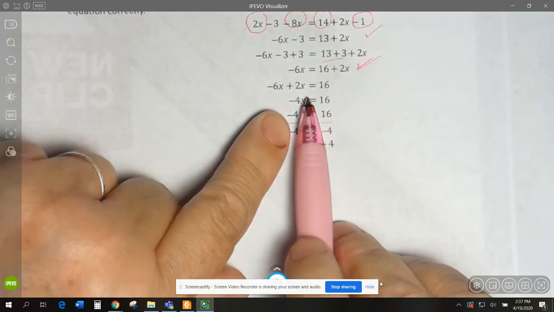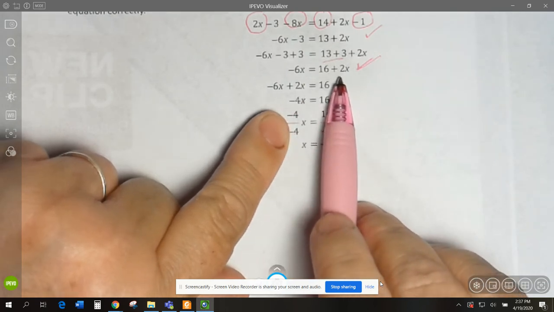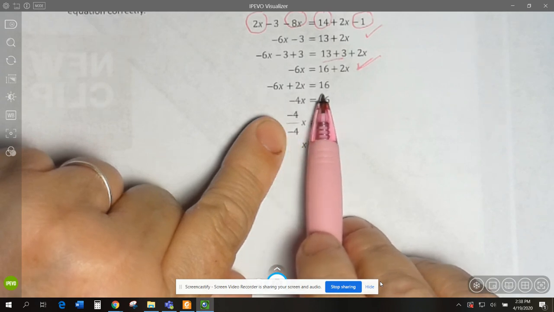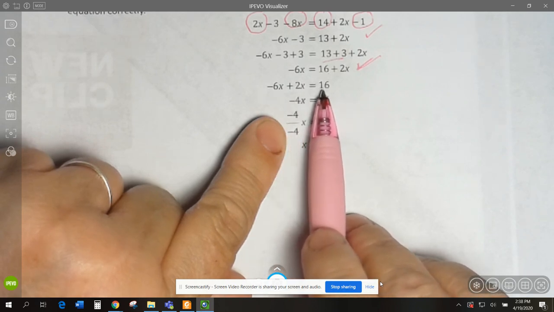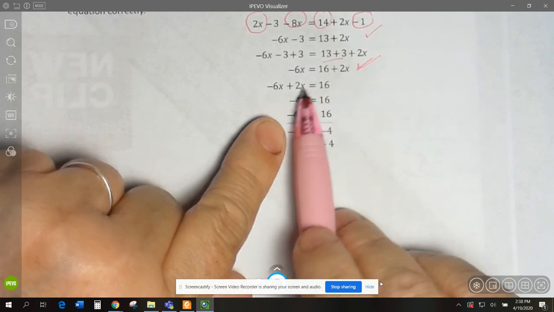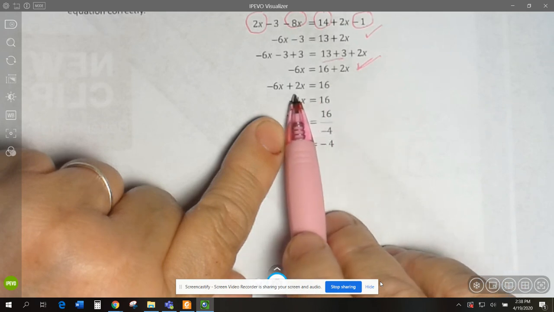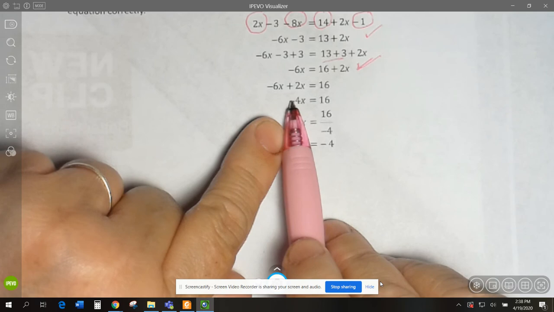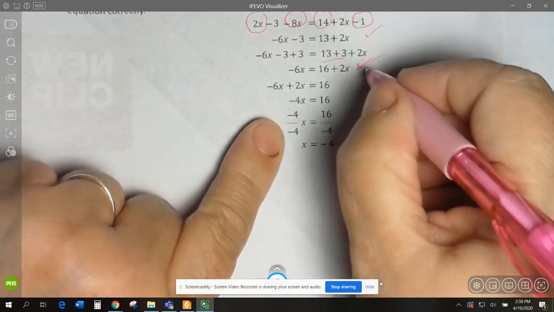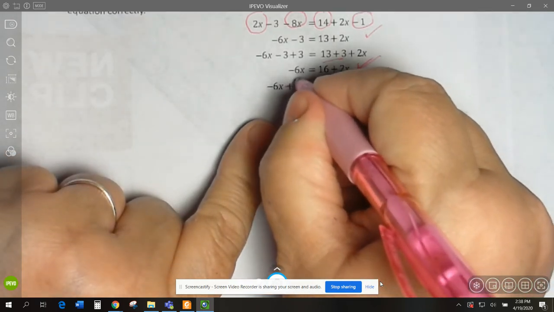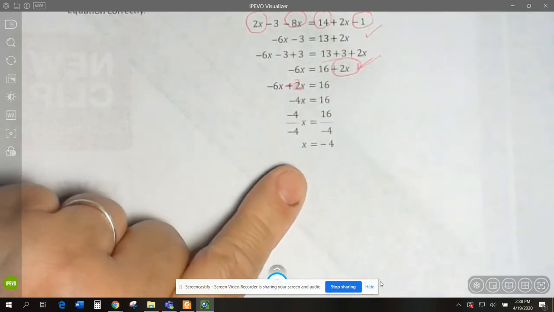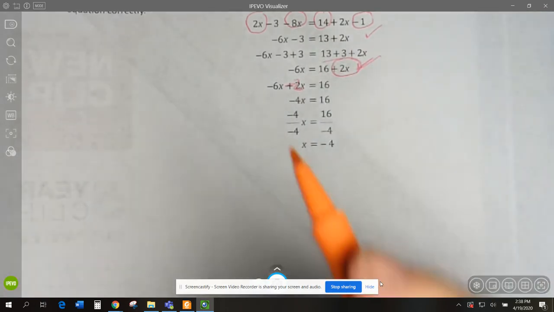Next thing they do, it looks like they're adding 2x to both sides, but shouldn't they be subtracting 2x from both sides? I think they should be subtracting 2x from both sides because this is addition. To get rid of addition, you need to subtract. So this is where they made their mistake.